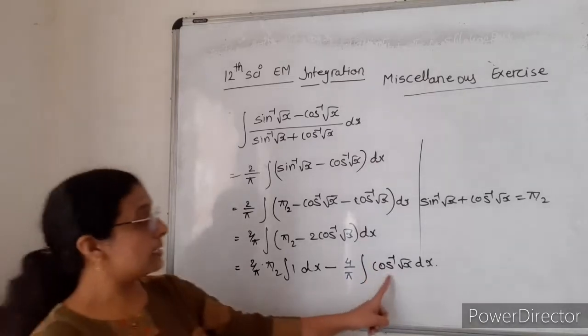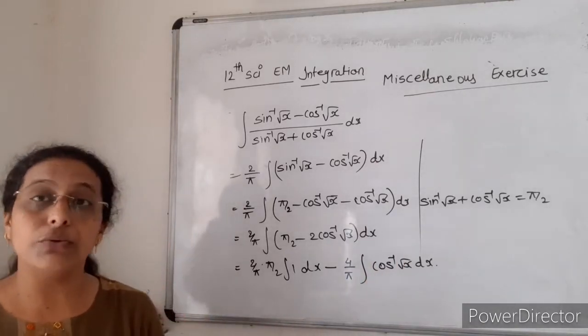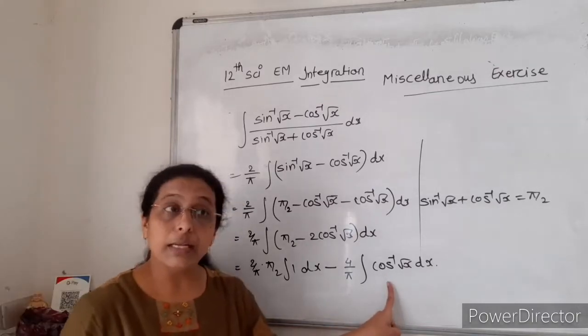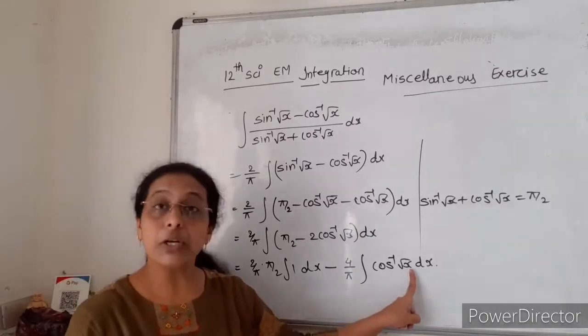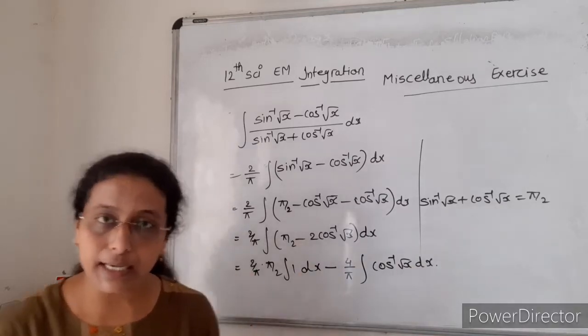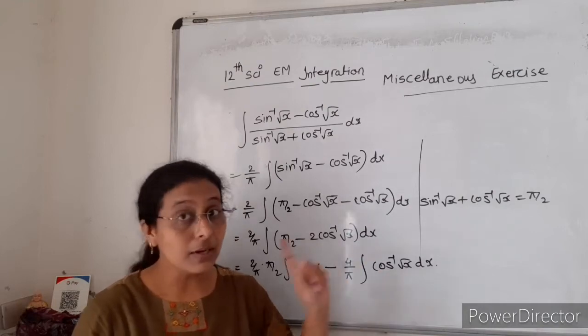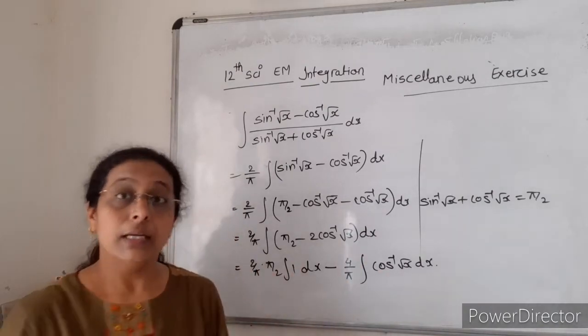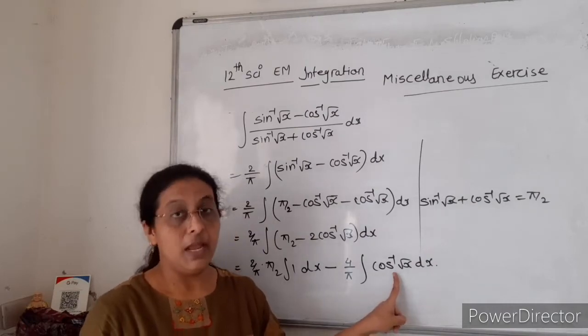Now, if it is cos inverse x only, then you can write the direct value, that is the direct formula. But if it is x square or root x, any other power of x, a coefficient like 2x, 4x is fine. But it should be x, then only you apply the formula of cos inverse.